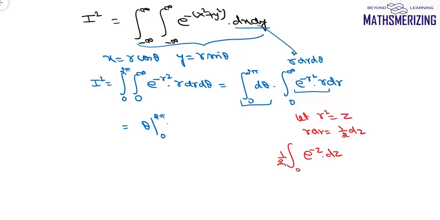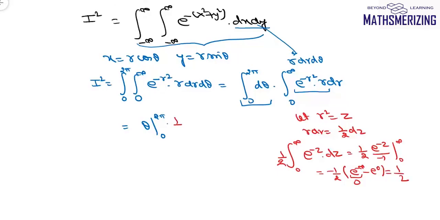When r is 0, z is 0, and when r is infinity, z is infinity. So I can write 1 by 2 times e to the power minus z upon minus 1 from 0 to infinity. That is minus 1 by 2 times (e to the power minus infinity minus e to the power 0). Now e to the power minus infinity is 0 and e to the power 0 is 1, so I get the value 1 by 2.